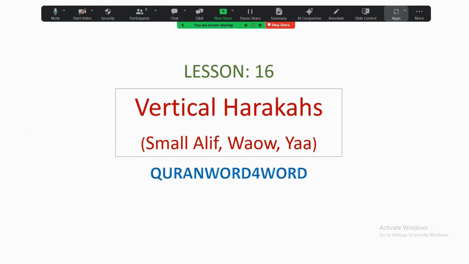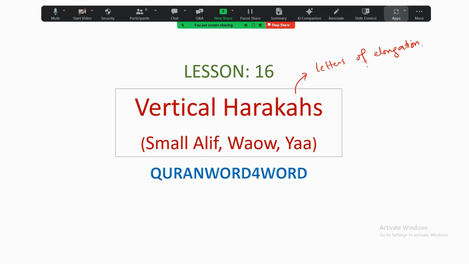I mentioned that in the previous lesson we covered the two topics of letters of elongation and lean letters. This lesson on vertical harakas is related to the letters of elongation, and you can say they are almost the same.